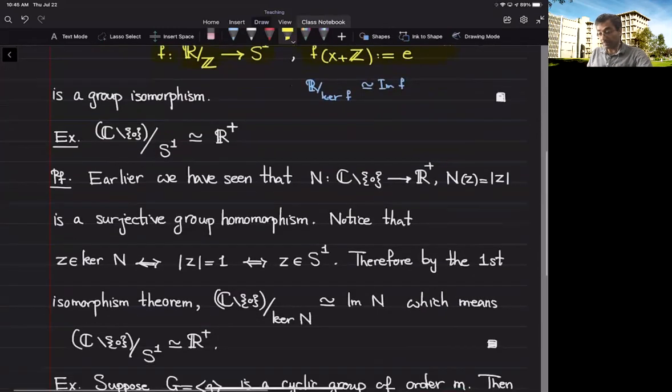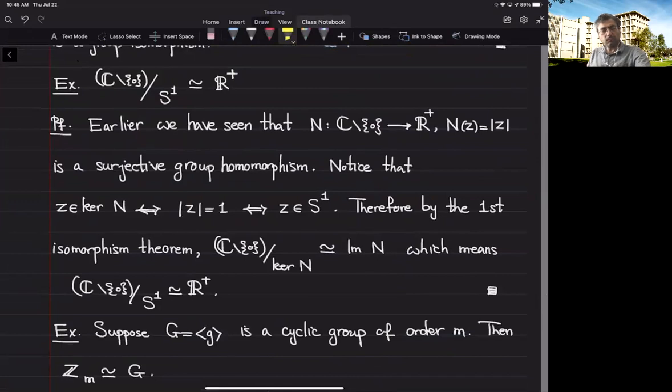Let's see another example. Again, what I'm doing right now is going through some of these group homomorphisms that we have discussed earlier, discussing their kernels and their images, and applying the first isomorphism theorem to those group homomorphisms.